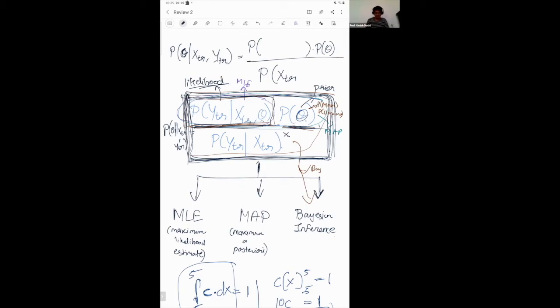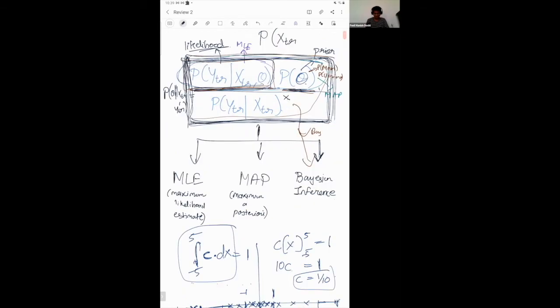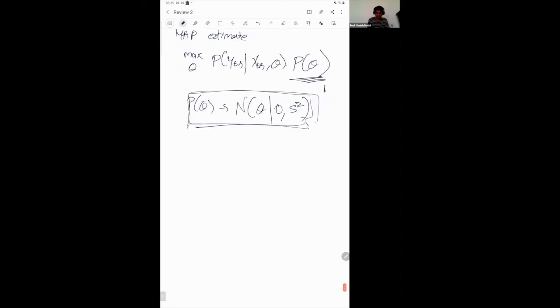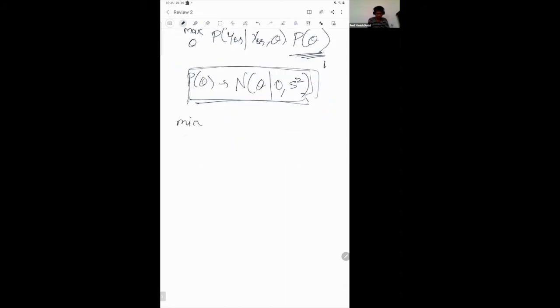Yeah, exactly. In the first example that I provided, we assumed that the probability of theta was normal, centered around zero with some variance sigma squared. And this is what we took into account. If you remember the proof, what we ended up with was minimizing over theta the term y minus theta x, the whole squared.